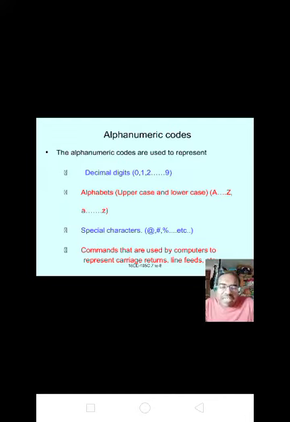Uppercase alphabets are A, B, C, D, E, F, G, H, I, J, K, L, M, N, O, P, Q, R, S, T, U, V, W, X, Y, Z. Both upper and lowercase. Next, special characters like @, hash, percentage, dash, etc. Commands that are used by computers to represent carriage returns, line feeds, etc.